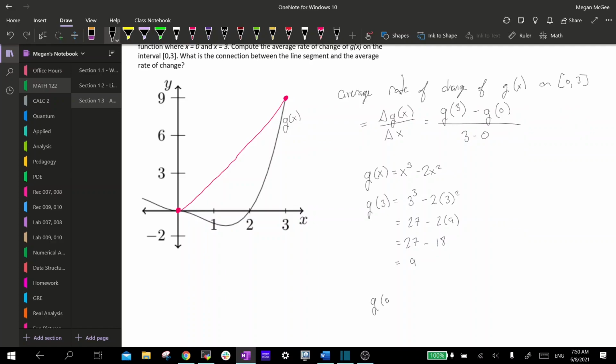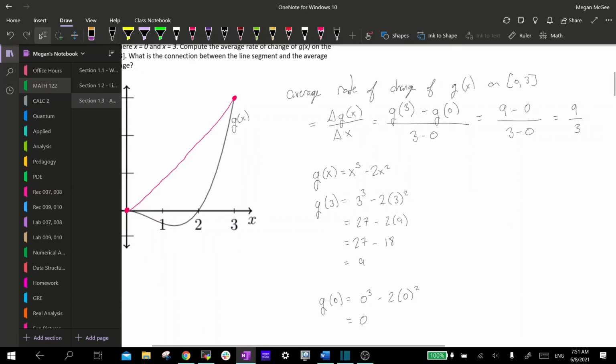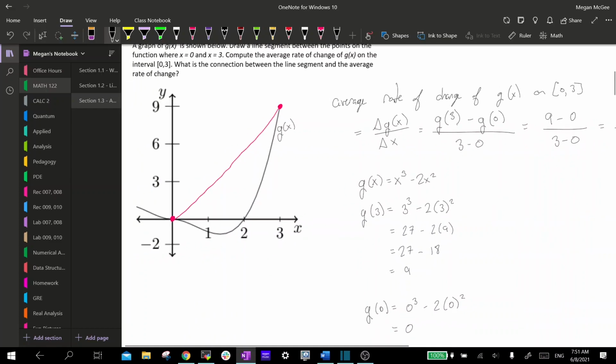And then g of 0 is 0 cubed minus 2 times 0 squared, and all of that just becomes 0. So g of 3 is 9 minus g of 0, which is 0, over 3 minus 0. We end up with 9 over 3, which is just 3. So we computed the average rate of change on this interval between 0 and 3.